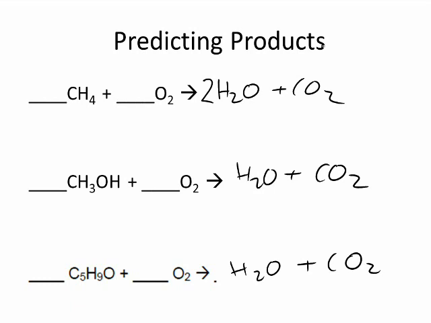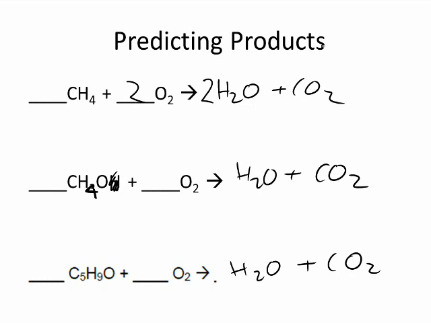So we have 4 hydrogens on the left. Put a 2 here to make it 4 oxygens, and 4 oxygens, 1 carbon, that's balanced. This one in the middle, now this is separated, but in this case we can just consider this, and if you want you can just do this for the time being, make this 4 hydrogens because that's what it is, and then take it away later.